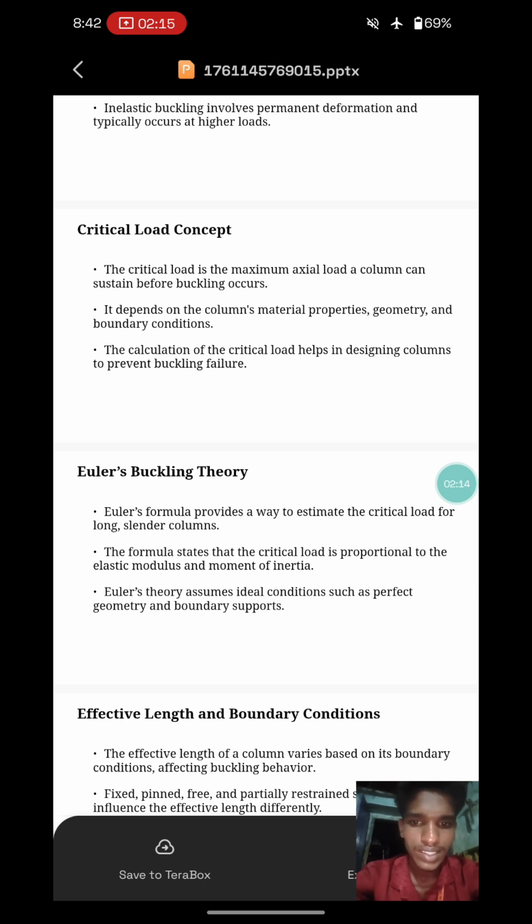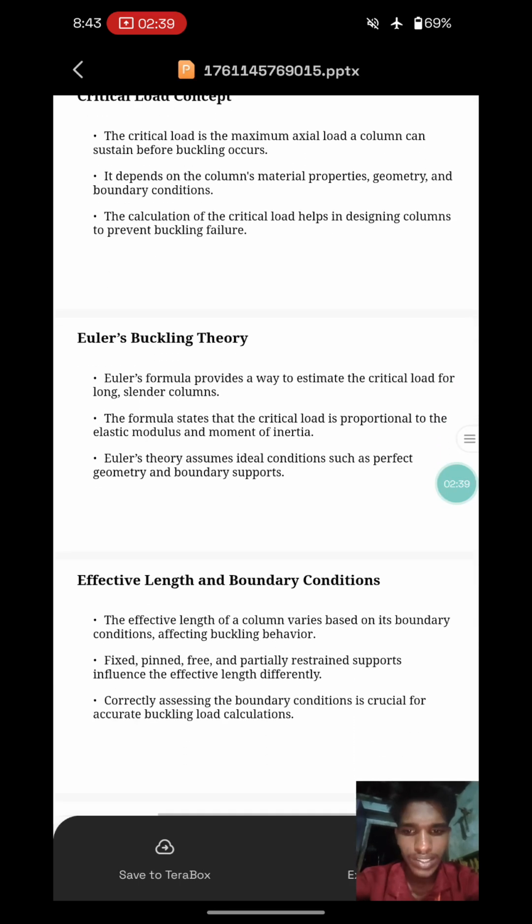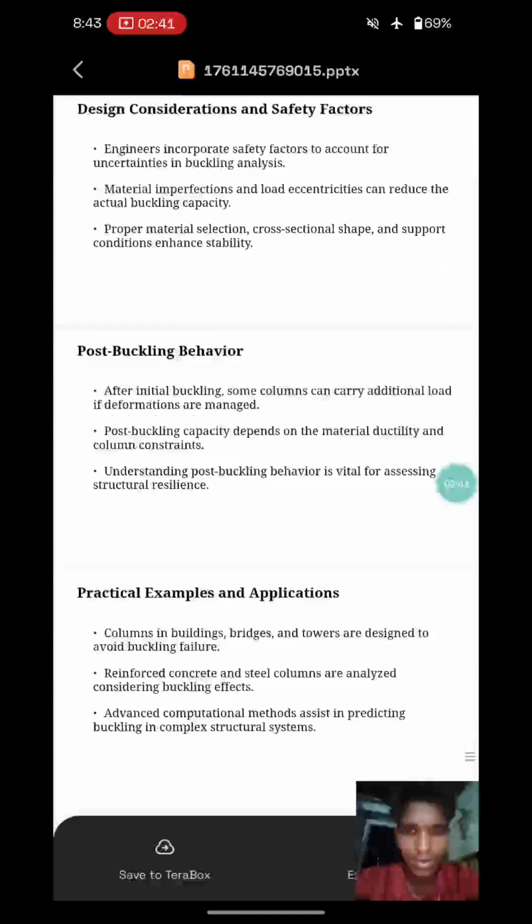The formula states that the critical load is proportional to the elastic modulus and the moment of inertia. Euler's theory assumes ideal conditions such as perfect geometry and boundary supports.